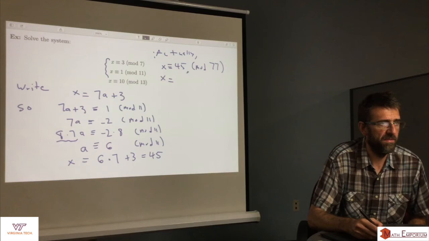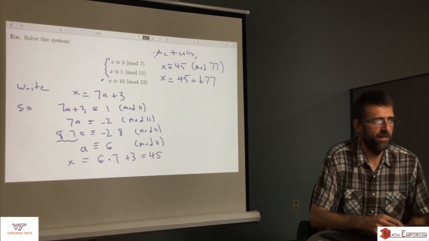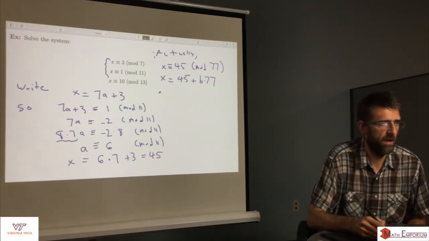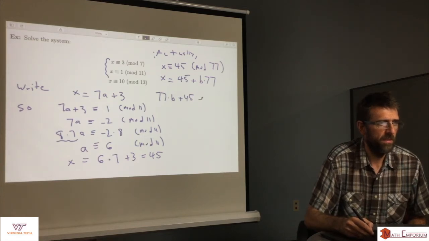So I'm going to write x is equal to 45 plus b times 77. Plug that into the third congruence and then try to solve that. So 77 times b plus 45 is congruent to 10 mod 13.